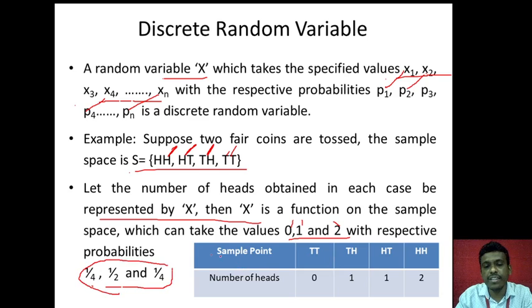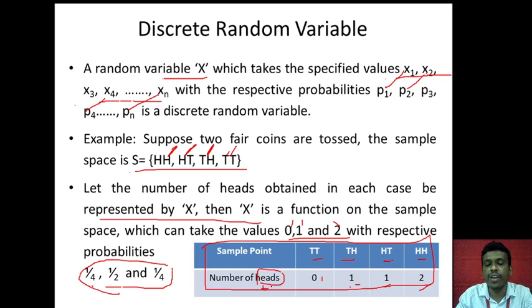If you write this in the form of a table, it looks like this. That is the sample space, that is the sample point. If you see TT, 0 heads, TH, 1 head, HT, 1, and HH, you have 2 heads. Now a question will come, why only heads are we taking? Can we take tails? Yes, you can take tails.